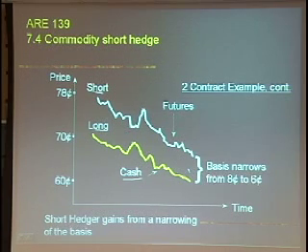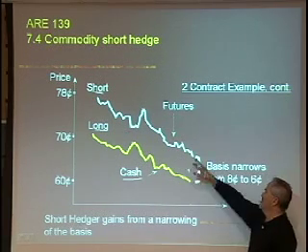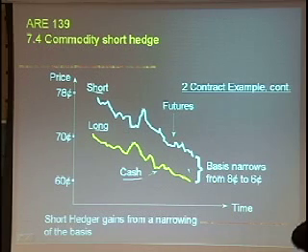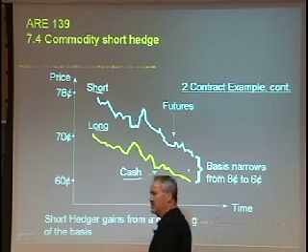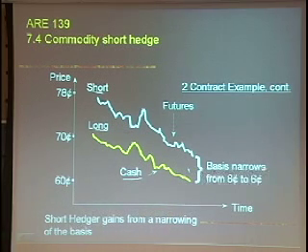Because you're making a loss. There's a loss down here, there's a profit down here. And if they're coming together, then your profit per pound is going to be larger. So the narrowing of the basis works in favor of a short hedger. Okay. Any questions on this graph? Similar to the one we looked at earlier.